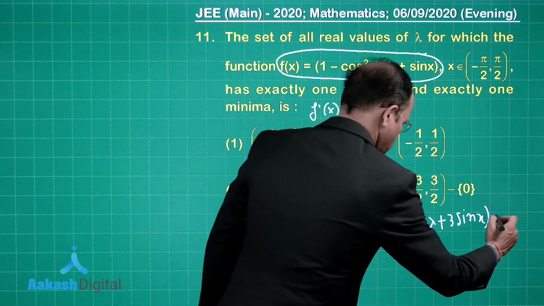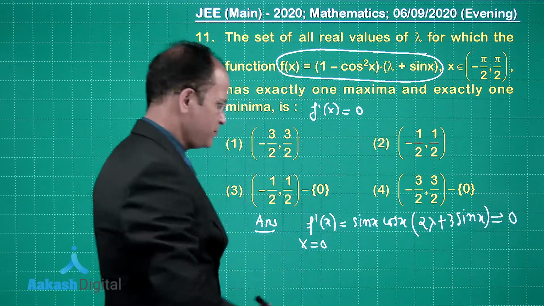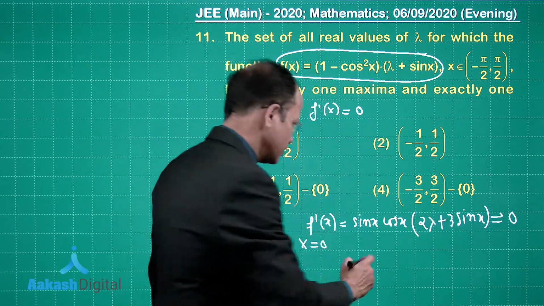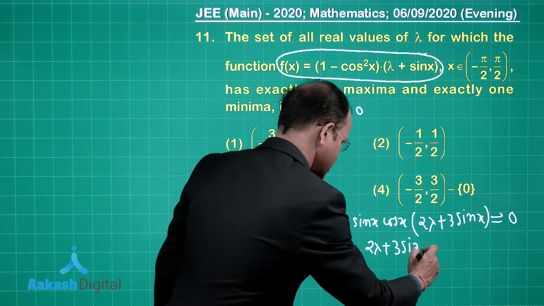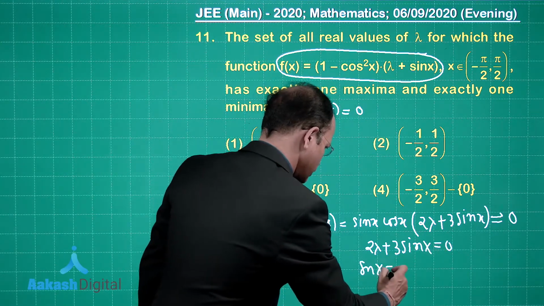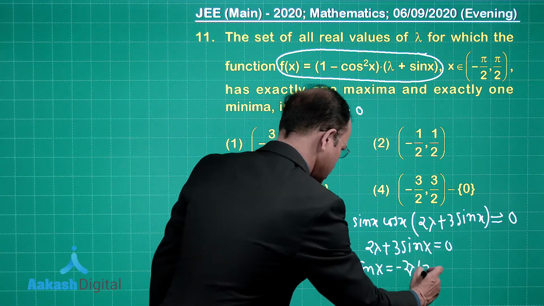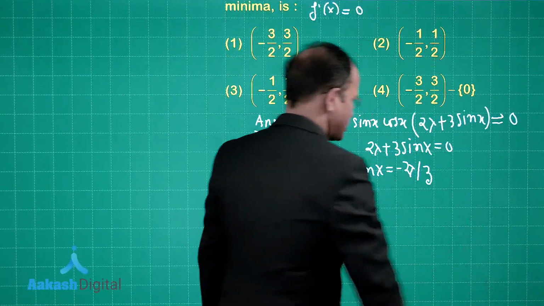Now how to go about the values of lambda: this expression needs to be equated with 0. This is nothing but 2 lambda + 3 sin x = 0, that is sin x = -2 lambda/3. Now it's a very interesting thing.